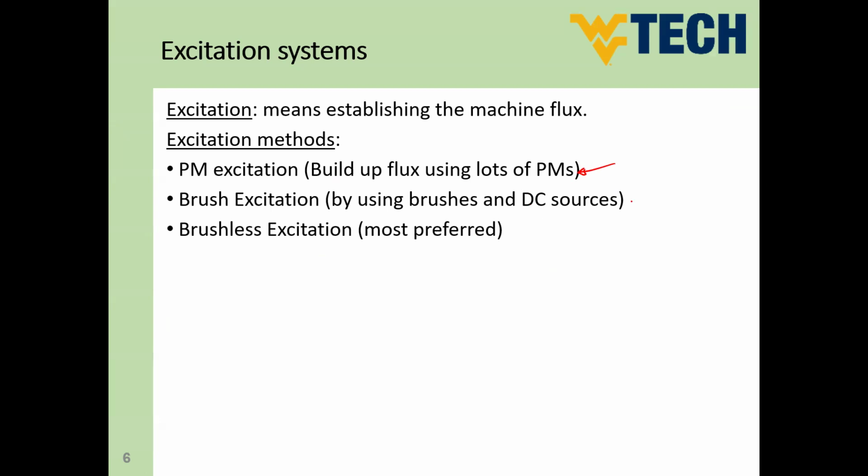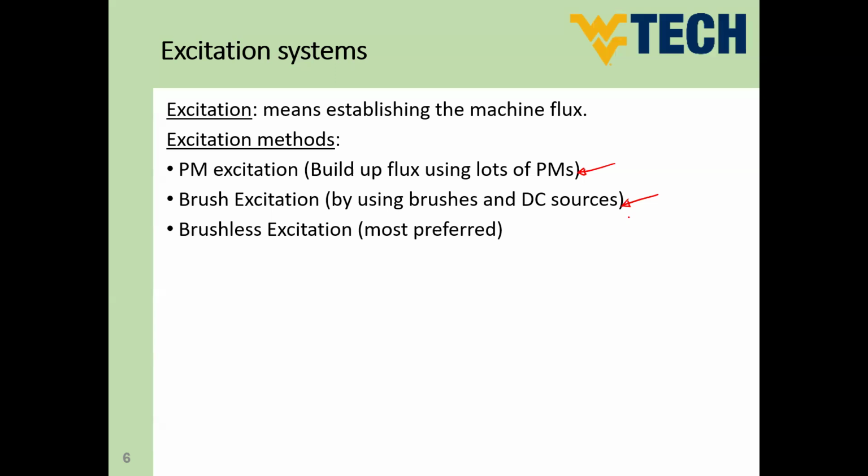We have other types like brush excitation. We use brushes to supply the rotor windings, and you know the problems of brushes. Brushes need maintenance, and if the maintenance is not considered, this may cause a lot of problems.